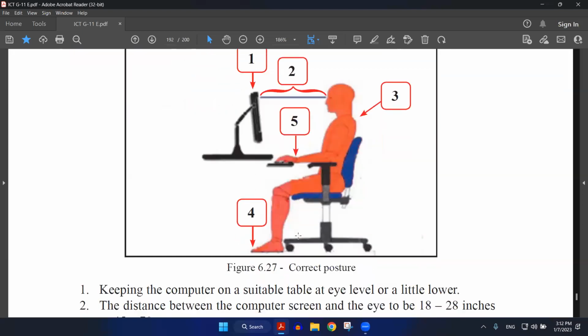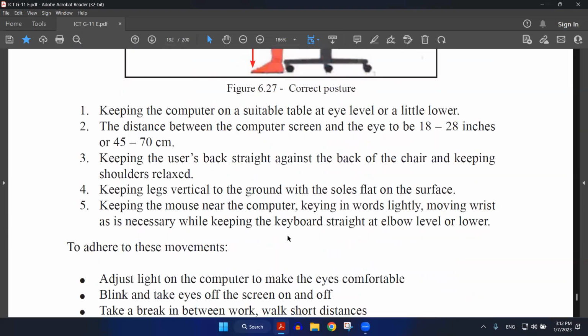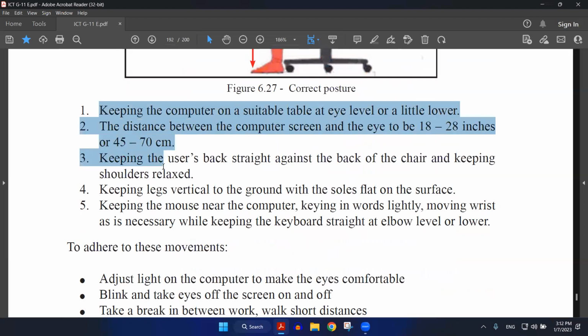Right, so leave the space to draw the diagram, and it's better you list down these.